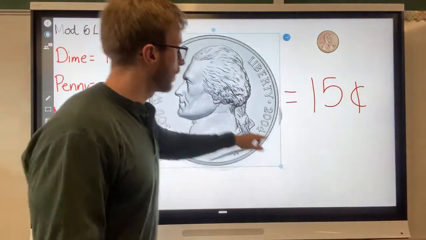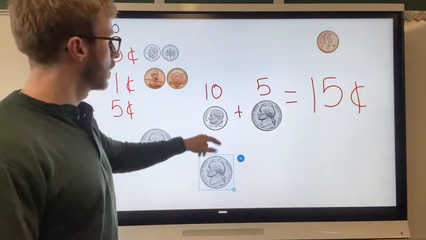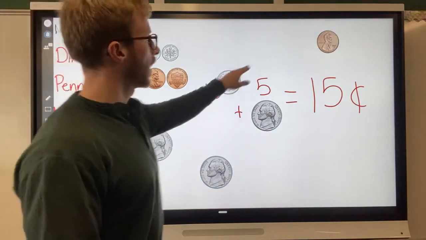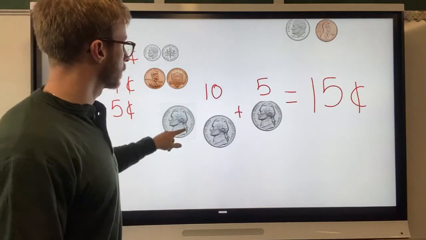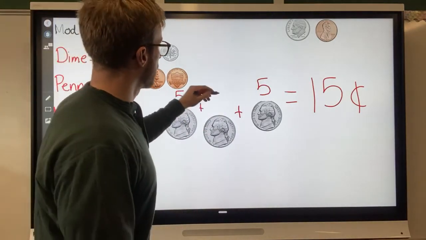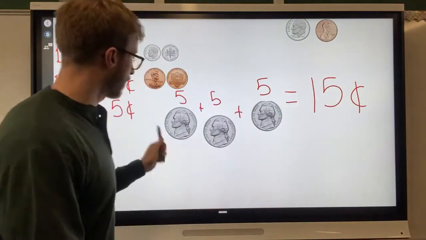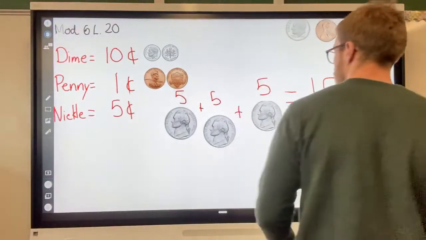Or if I'm looking at 10, well, I know 2 5s make up a 10. So I can get rid of my dime and I could throw in 2 nickels. So now it's 5 plus 5 plus 5. We got 5, 10, 15. So there's another way we could make 15. Okay?